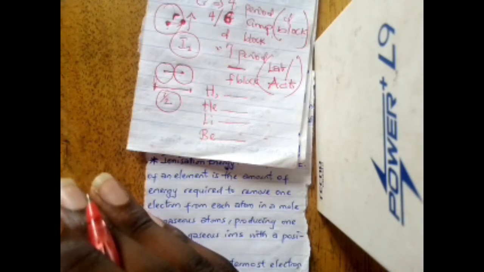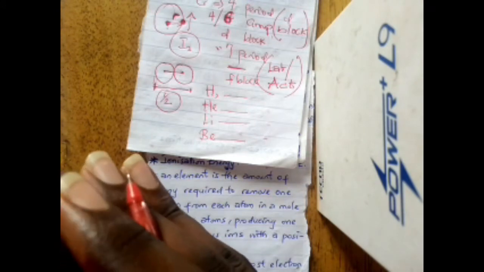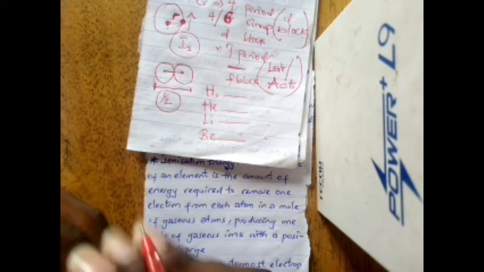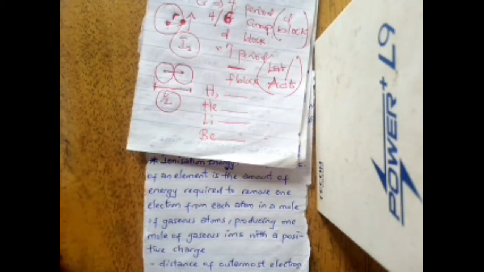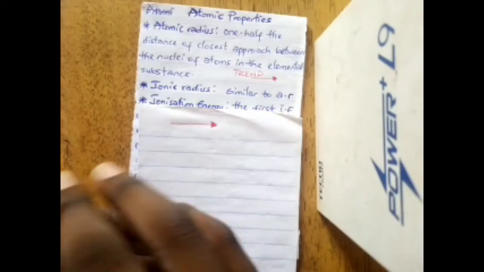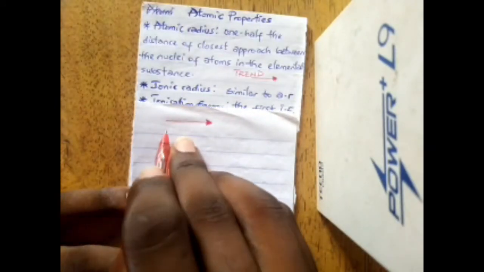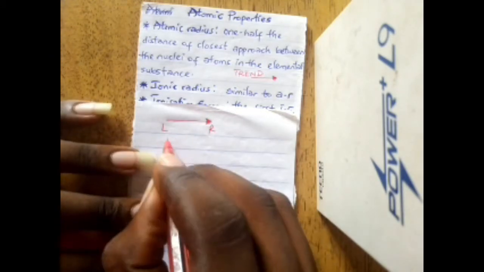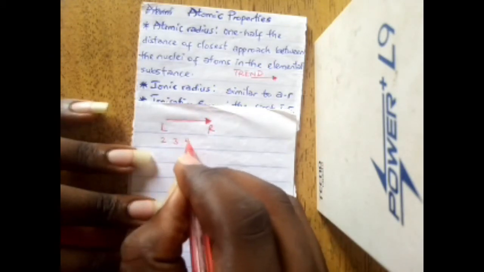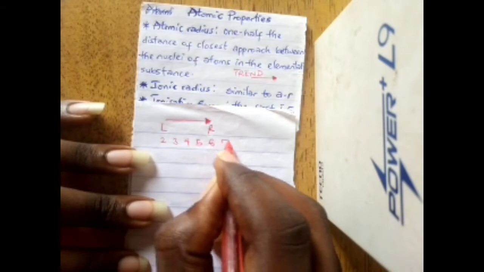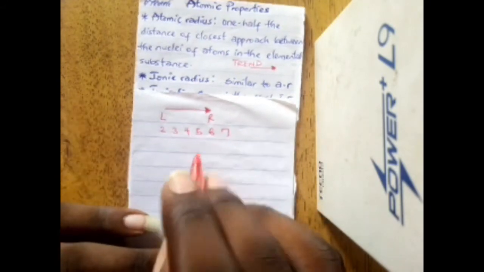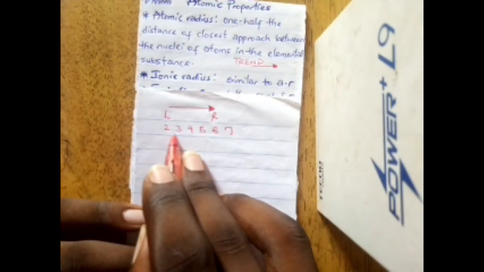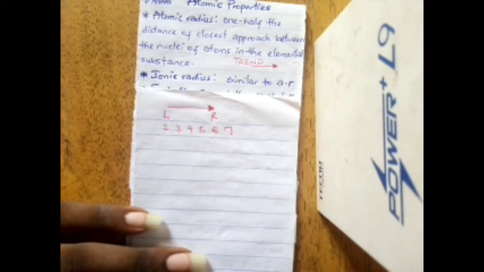So as you are moving from left to right of the periodic table, and you are moving from top to bottom of a group, how does this atomic radius or atomic size change? Moving left to right in the periodic table, you have, let's say, 2, 3, 4, 5, 6, 7. These are elements with 2 electrons, 3 electrons, up to 7 electrons.